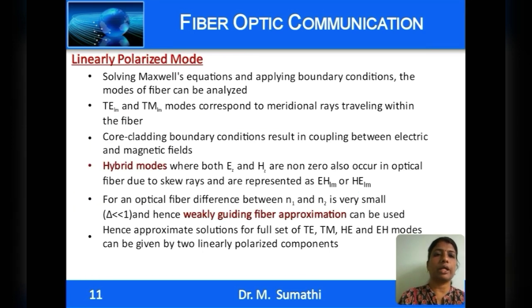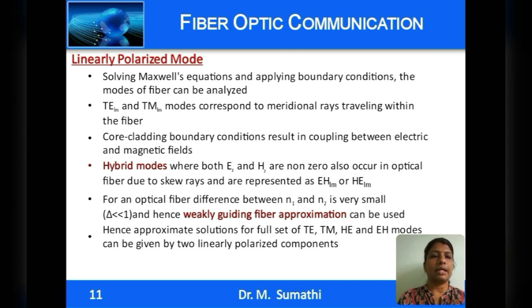Next, we will be looking into linearly polarized mode, which is an important consideration while analyzing the modes in a fiber. So, solving Maxwell's equation and applying boundary conditions, the modes of a fiber can be analyzed. For a metallic waveguide, the Maxwell's equation give rise to TE, TM and TEM, that is transverse electromagnetic waves, but TEM waves are hardly found in optical fibers.